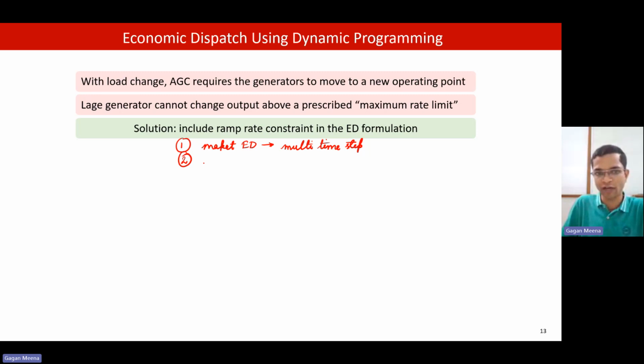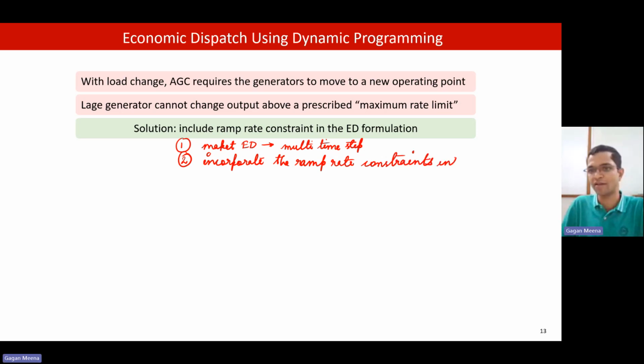Second, incorporate the ramp rate constraints into the ED formulation itself. Incorporate these ramp rate constraints into the economic dispatch formulation, or we would say the multi-time step economic dispatch formulation, this modified one.